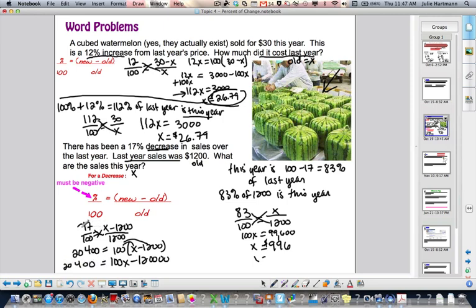I'm sorry, this is negative 17, that should be a negative. So when you add over the 120,000, you get negative 996 equals 100X, I'm sorry, that's a negative 20,400 plus 120,000. That is where you were here. So you're going to get the same thing.